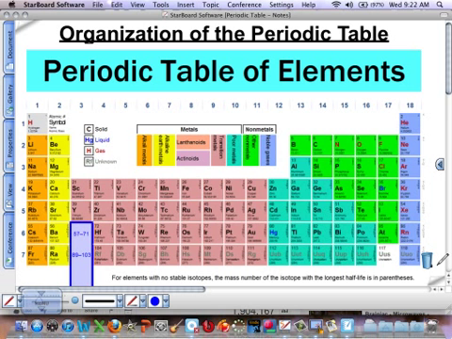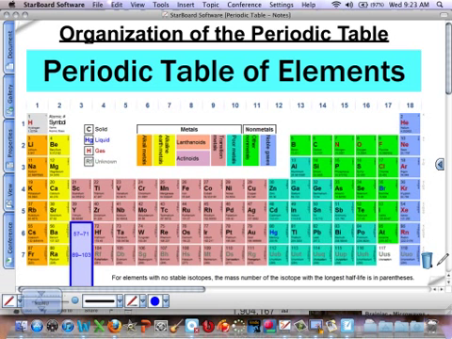Now, one of the things you guys probably are not aware of is that by looking at the periodic table, you can actually determine the charge of elements, and it's all based on their grouping. When we talk about the charge, we're talking about how many extra or how many short an element is from having a complete shell.